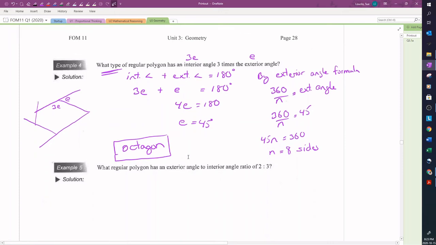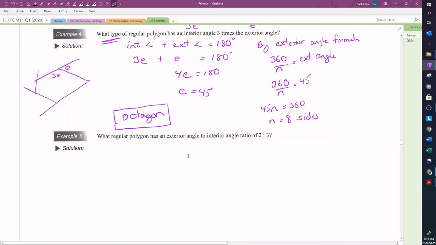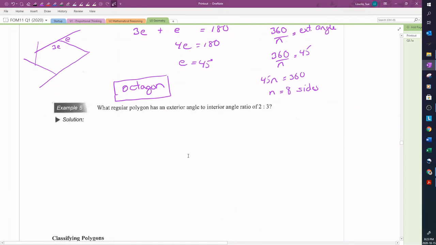Okay, what regular polygon has an exterior angle to interior angle ratio of 2 to 3? So that's weird. So let's write this down. We've got exterior to interior. So the ratio is 2 to 3.